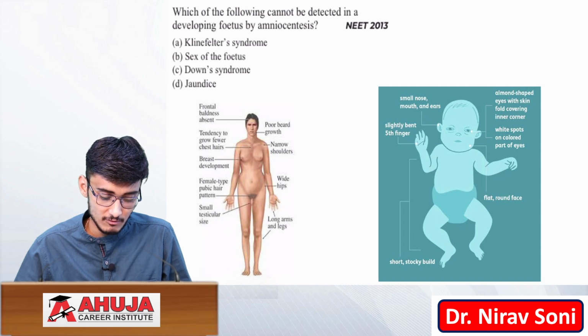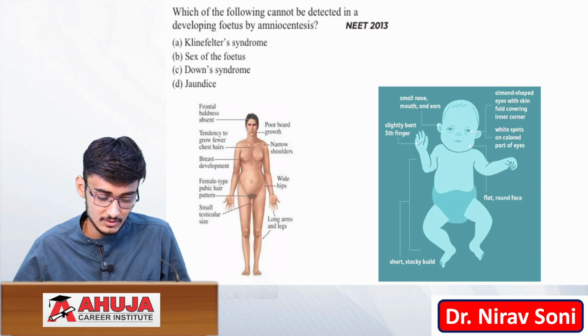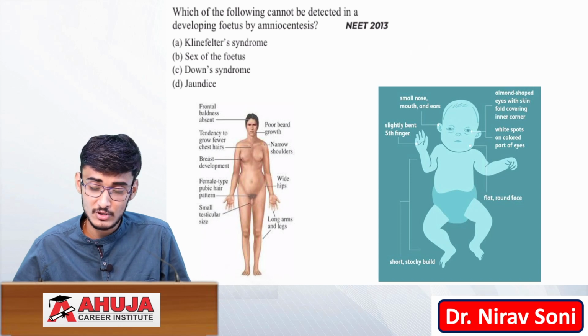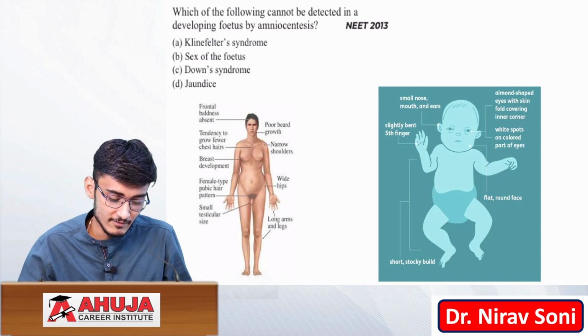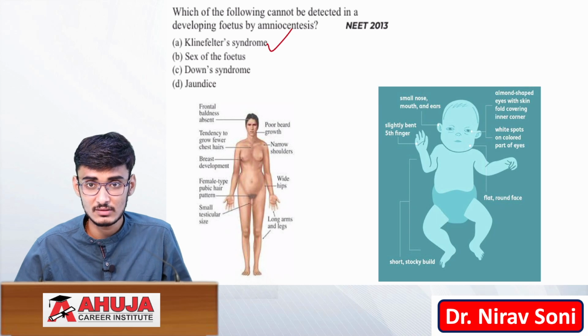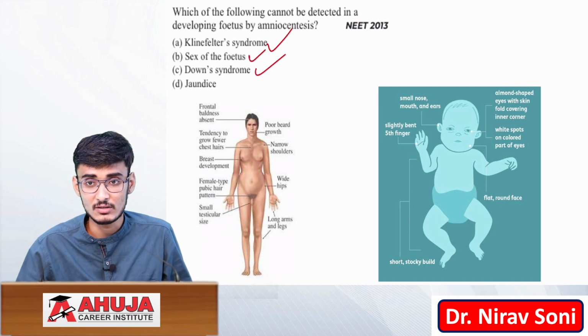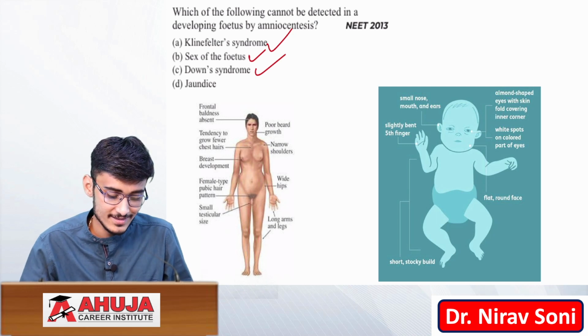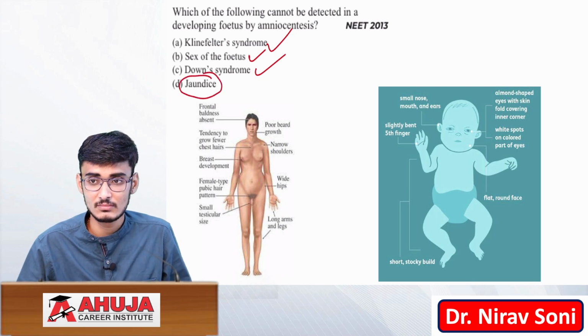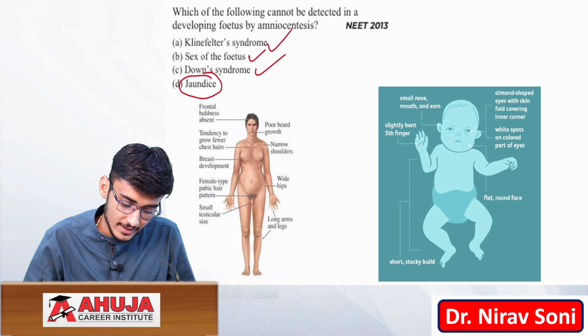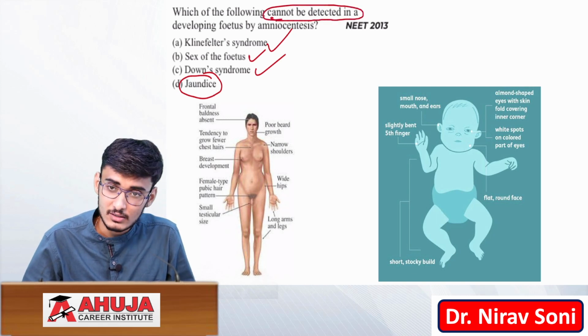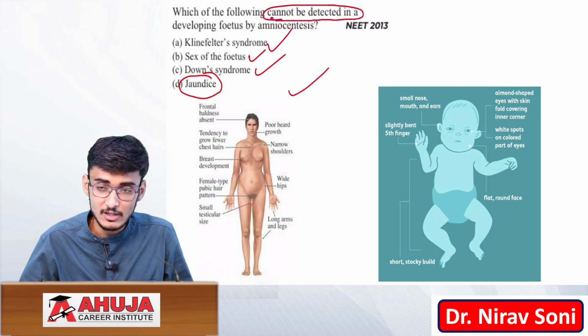So, what are the diseases detected by the amniocentesis technique? Klinefelter syndrome is a genetic disorder. Sex of the fetus, Down syndrome is also a genetic disorder. But jaundice is not a genetic disorder, so it cannot be detected here. So, option D should be right over here.